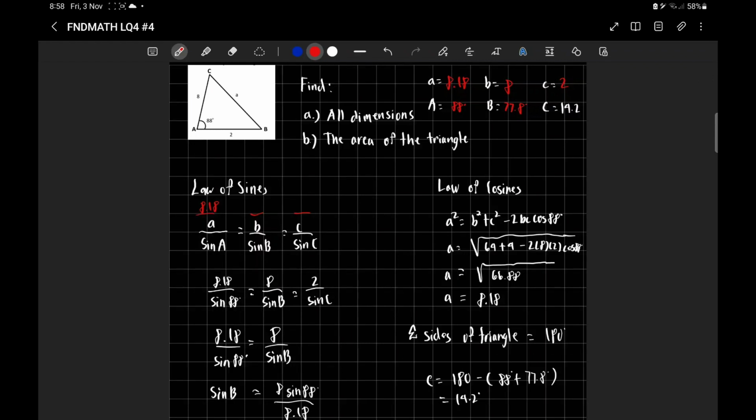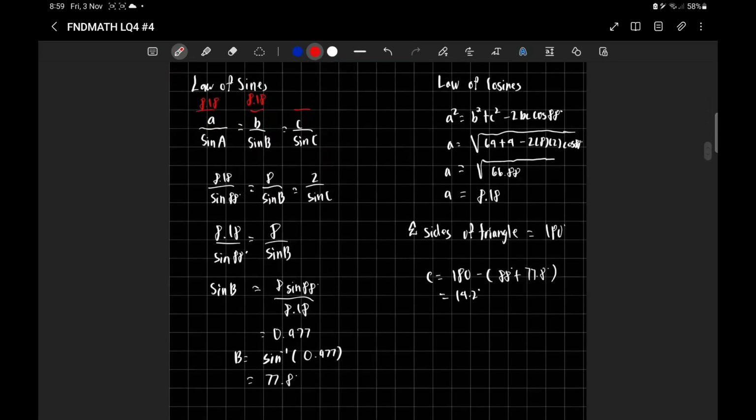So let's try 8 over sine 77.8. So also 8.18. For C, 2 over sine 14.2 is also, it's 8.15, but we have a margin of error because we've just rounded off the degrees here.